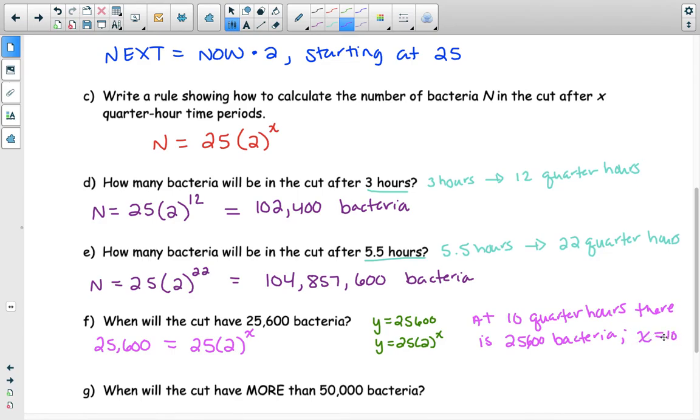When we looked at the coordinate of where they crossed, the x value is 10. That's 10 quarter hours, not 10 hours. So if we did 10 quarter hours, that would be, 4 quarters give us 1 hour, 2 hours to get to 8 quarter hours. And then we'd have another 2 quarter hours. That'd be at 2.5 hours.